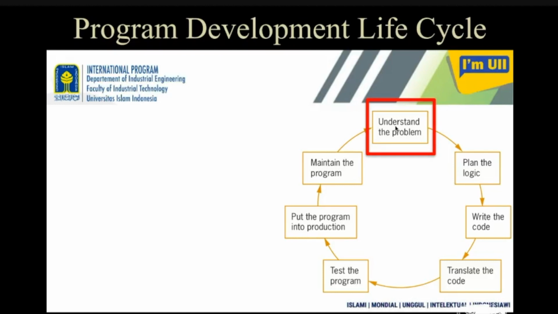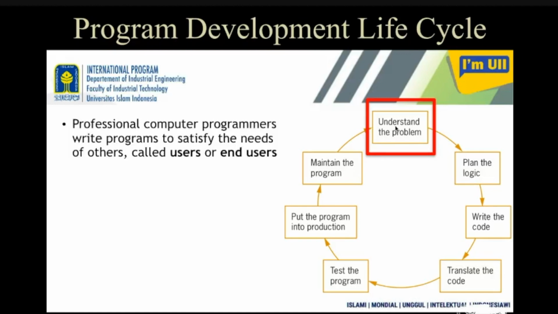Say you have given 'k' as the output, and what I will understand is that k is not a number. So you have to give the output in an understandable format. You have to understand everything before developing a program: the problem, the inputs, the outputs. Professional computer programmers write programs to satisfy the needs of others, meaning the end users, like you and me.